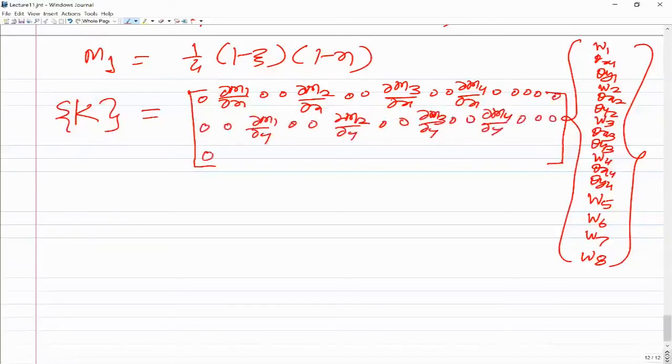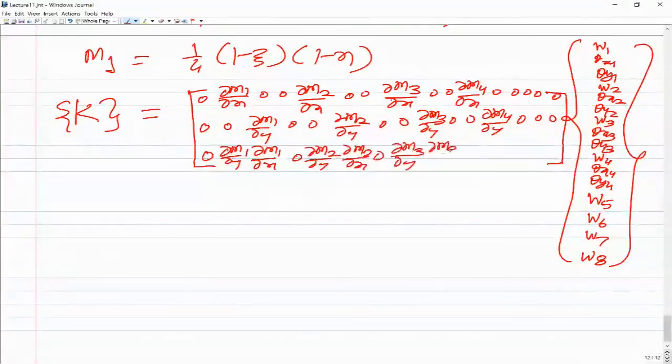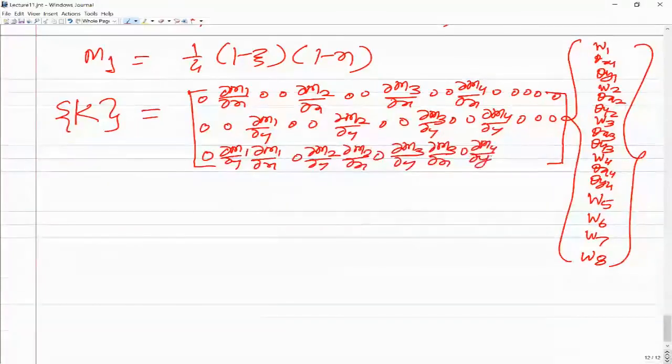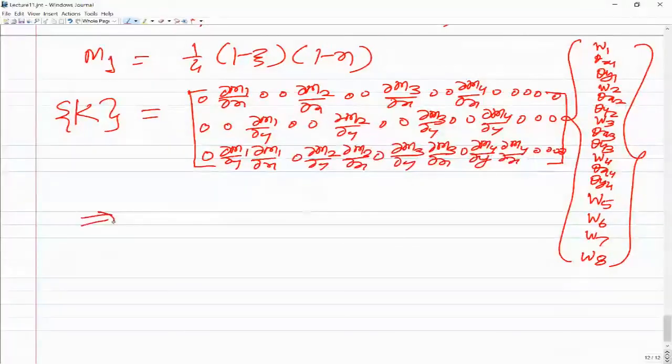And then kappa xy, that is del theta x by del y plus del theta y by del x, would be 0, del m1 by del y, del m1 by del x, 0, del m2 by del y, del m2 by del x, 0, del m3 by del y, del m3 by del x, 0, del m4 by del y, del m4 by del x, and then 4 zeros. So you can say that the kappa vector is B into DE.